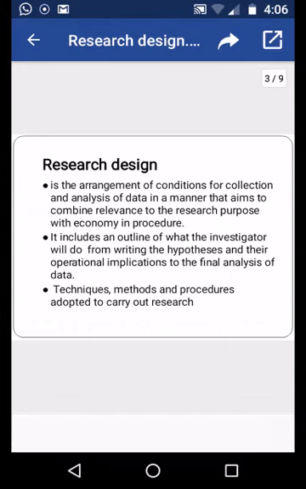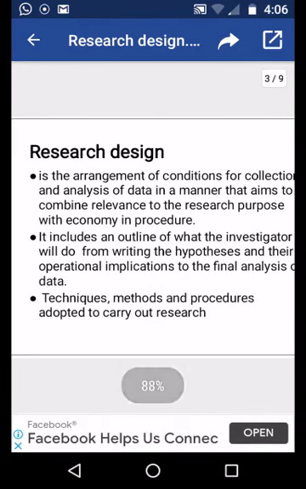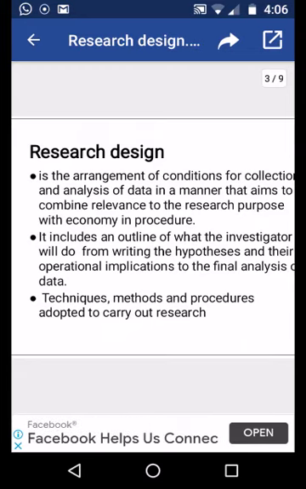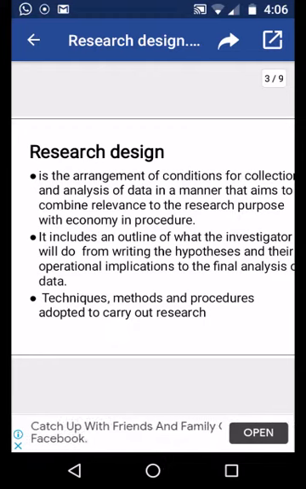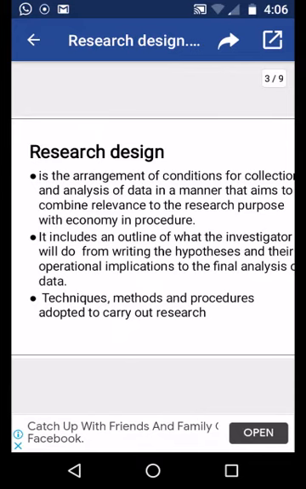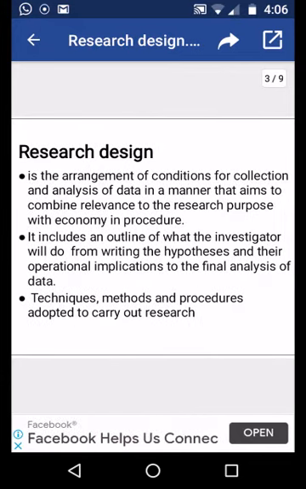Research design is an arrangement of conditions for collection and analysis of data. The best meaning is the last one: techniques, methods and procedures adopted to carry out research. It also includes an outline of what an investigator will do, from writing the hypothesis to its operational implications, till final analysis.